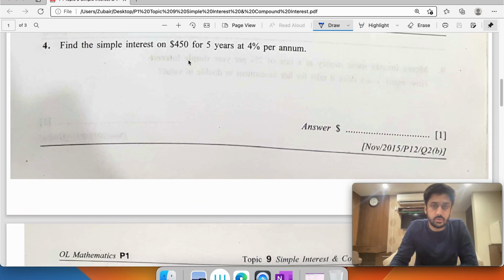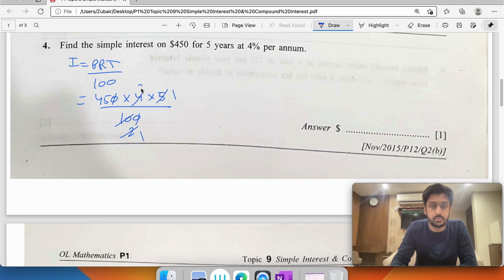Find the simple interest on 450 for 5 years at 4%. I equals PRT over 100. Invested amount is 450. Rate is 4%. Time is 5 years, by 100. So 5 1 times, 5 2 times, 2 1 times, 2 2 times. 45 into 2 is 90.